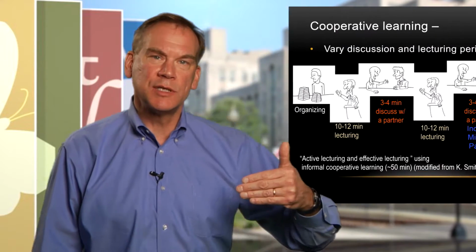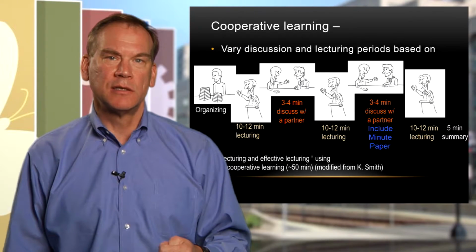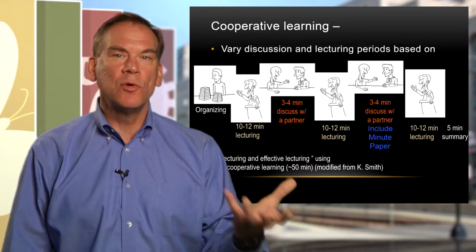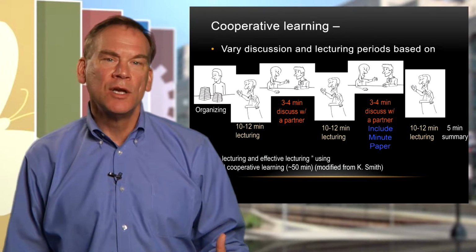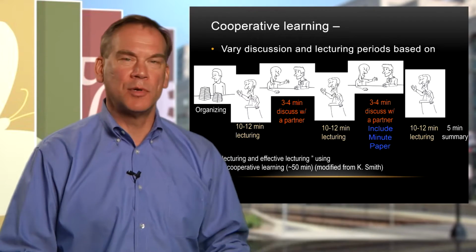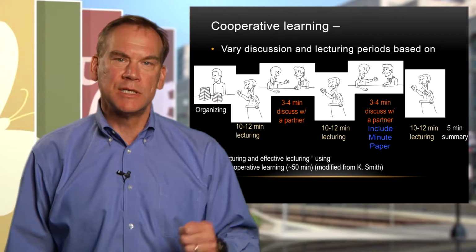In different implementations of informal groups in cooperative learning, the idea is to frequently use it to break up the lecturing that you do in class. You could design 2 or 3 time periods in your course, every 10 or 12 minutes, where you have a turn-to-your-neighbor, a minute paper, or a short activity that you could design.